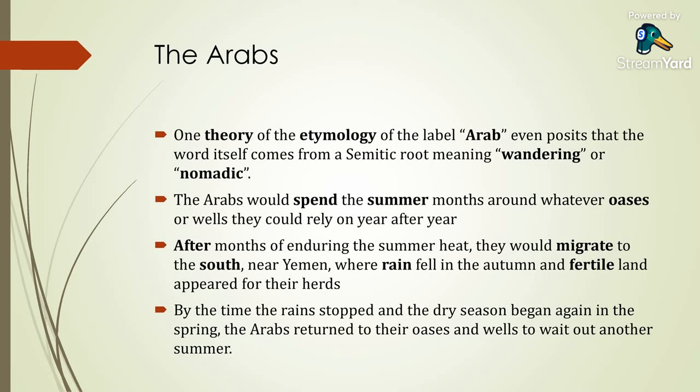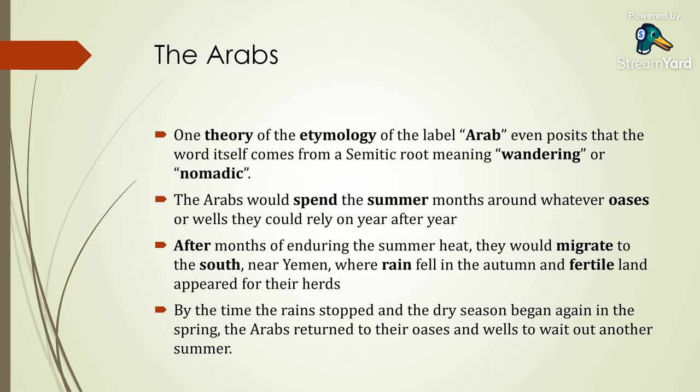Now, one theory of etymology of the term Arab even poses that the word comes from a Semitic root meaning wandering or nomadic. That is just one theory about it. So the Arabs would spend the whole of their summer in whatever oasis they could find and rely upon.